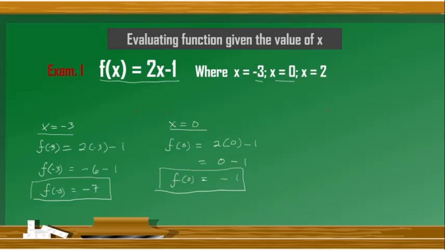Then, when x equals 2, our function would be equal to 2 times 2, which is the value of our x, then minus 1. So this is equal to 4 minus 1.